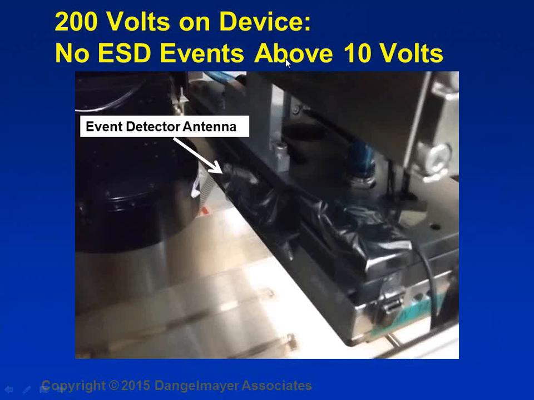And it turns out that with the event detector set to a sensitivity of 10 volts, no events were happening. So we know that no stresses at or above 10 volts were occurring, which was a significant safety margin well below the 50 volts, and therefore not an issue.